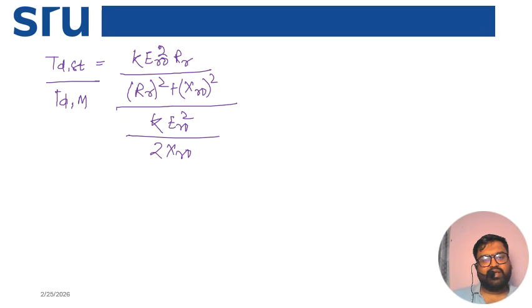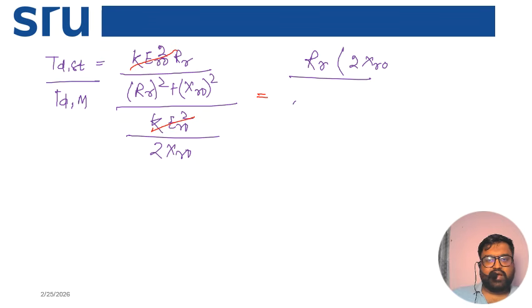Then you cancel out these two: K ER0 square and K ER0 square cancel. Then the form will come like this: RR divided by RR into 2 into XR0, which is nothing but RR square plus XR0 square.